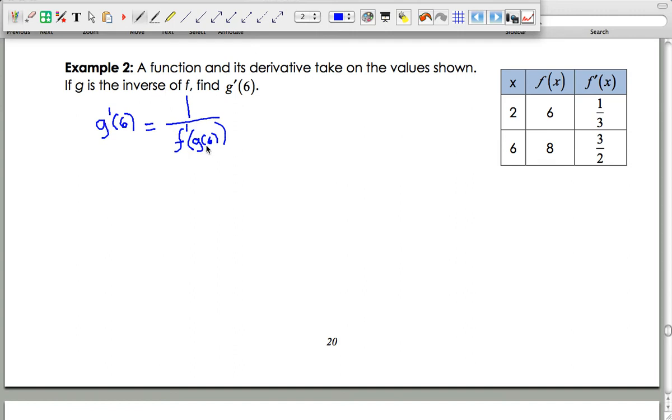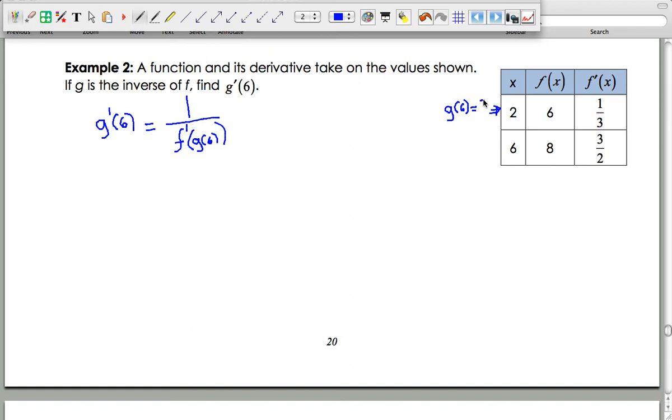Okay, so how much is g of 6? Let's have a look at our table. We don't have values of g, we have values of f of x. But because we already know how to deal with inverse functions and we know that x and y switch roles, we can say, from here, for x equals 2, f of x is 6, then g of 6 should equal how much, people?